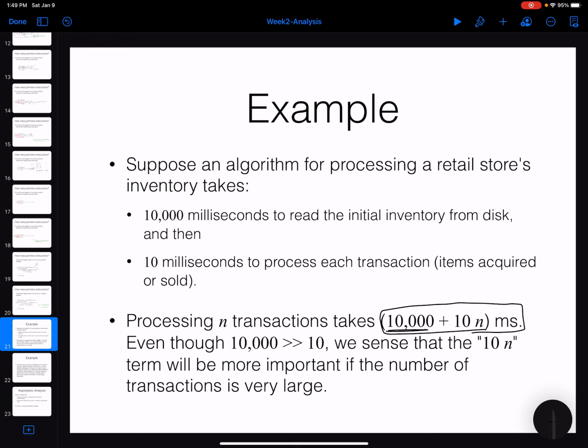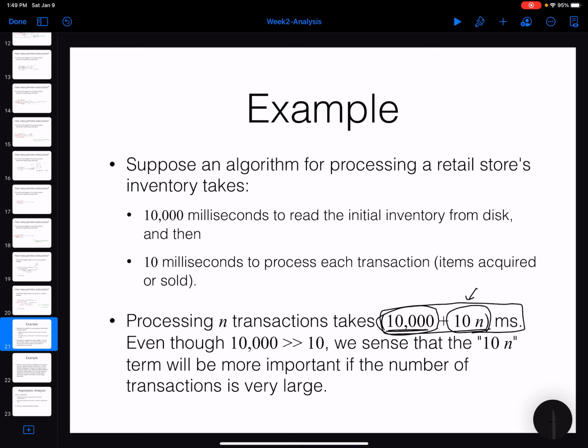Now it would make sense to you why I am saying that this is important for me, that, for example, this is going to be a linear time function. The fact is, you have two terms in your function, right? 10,000 for the initialization, and 10 milliseconds multiplied by the number of transactions for each transaction. You don't know how many transactions are going to happen every day.